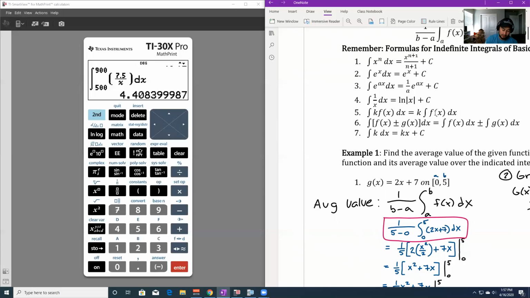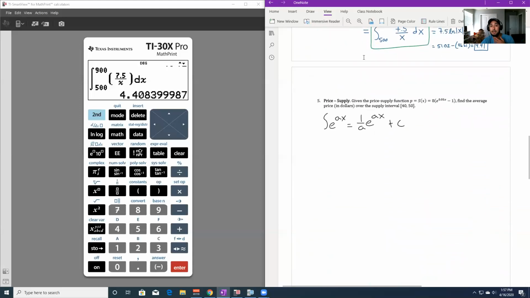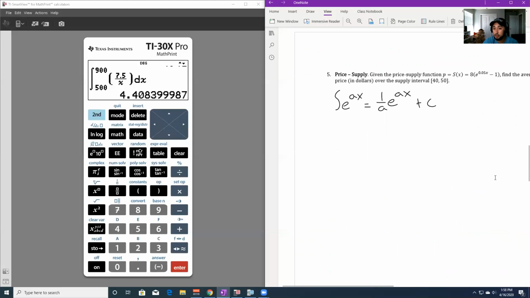Okay, so now we can come back to the problem. There it is. See, I wrote it already. Okay, so let's go ahead and set up the integral. There's 40 and 50, so that means 40 will be A, 50 will be B. So here's our setup.